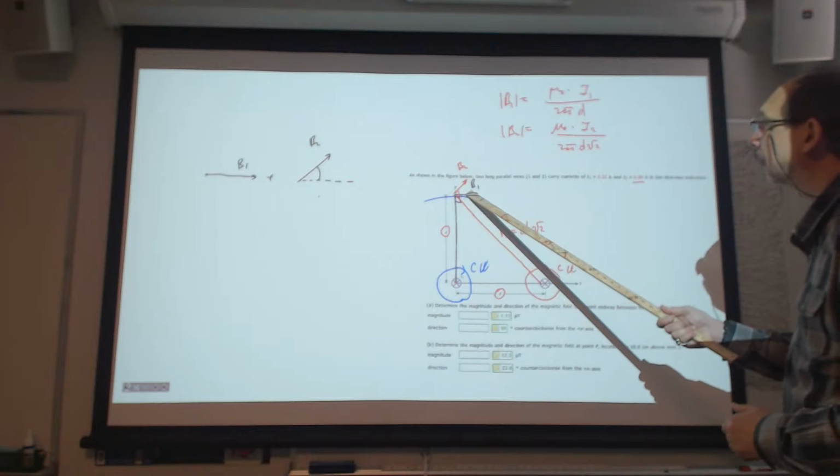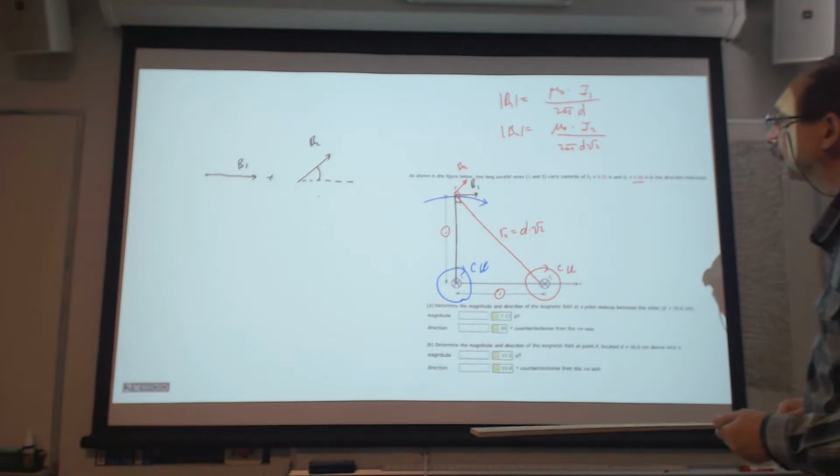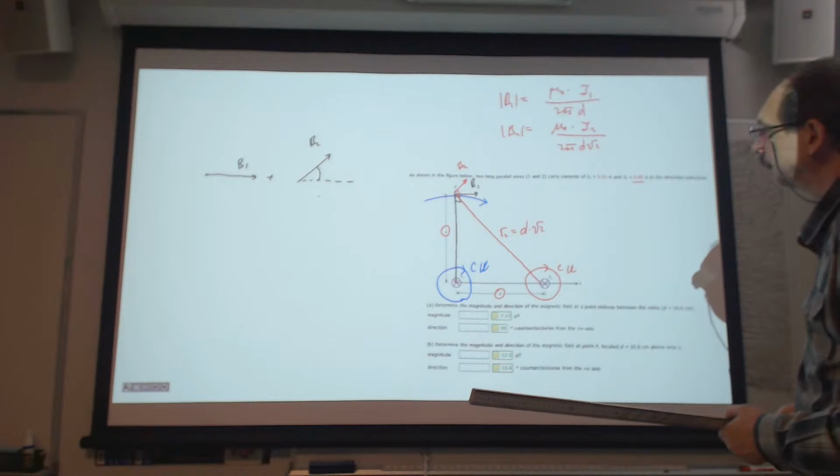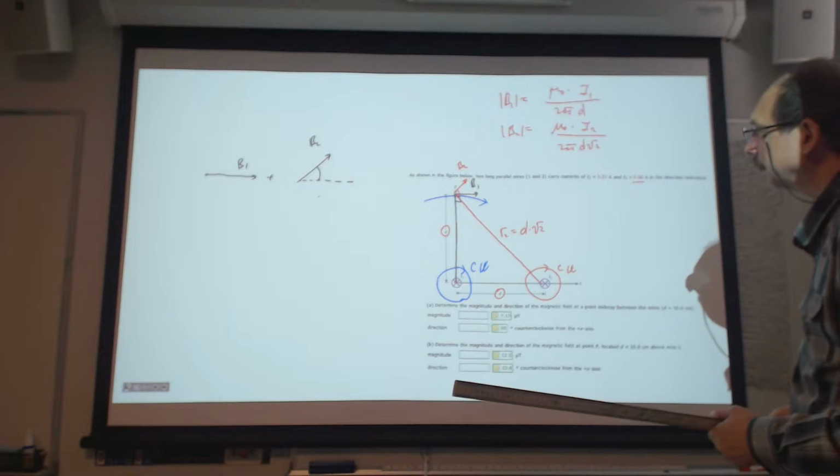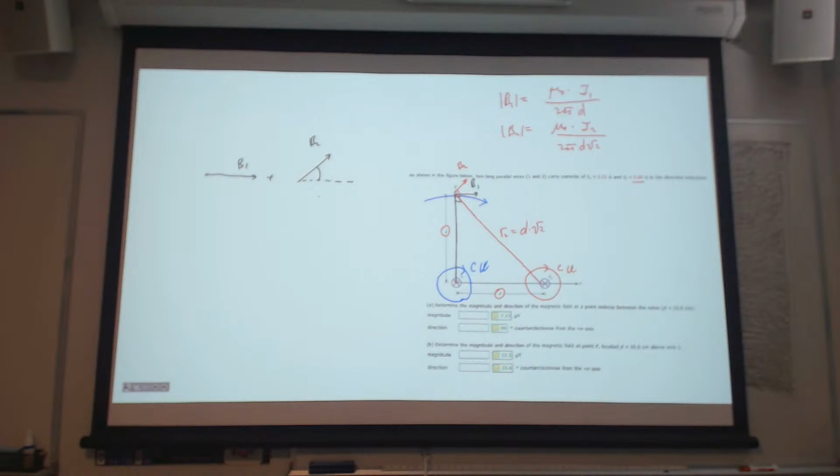This angle. If you're not sure, it means you need to draw a better picture, bigger, clearer. This angle. I don't know, theta.